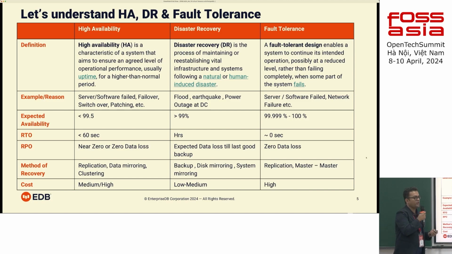So how can you avoid this kind of problem, especially when there is a really big outage like a flood or earthquake, or unfortunately the data center electricity goes down? You expect a disaster recovery system. So how you can build this kind of system using different Postgres solutions.